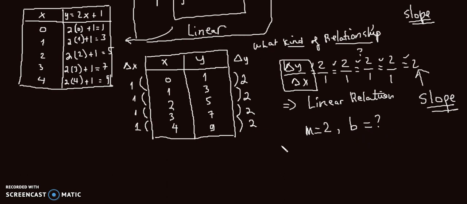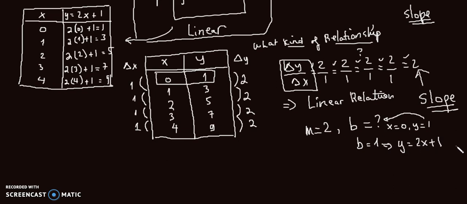One way is that the y-intercept is when x equals 0. In this case, when x equals 0, y equals 1. So my y-intercept is 1, so b equals 1. Alright, so my equation will be y equals 2x plus 1.